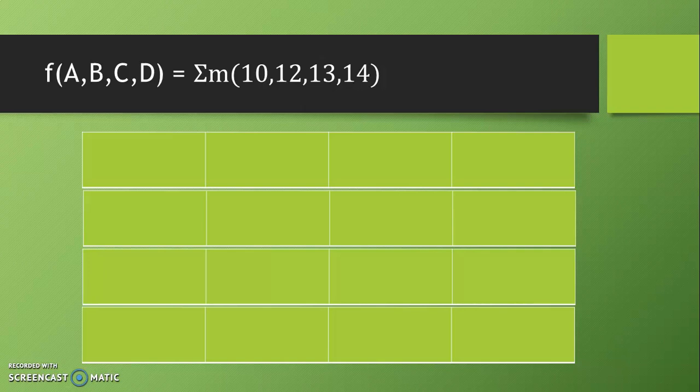Summation means the Boolean function is in SOP form, that is sum of products, and m indicates minterms. So minterms are given for which we have high output. So 10, 12, 13 and 14, 4 minterms are given and in the equivalent cells we have to put 1.